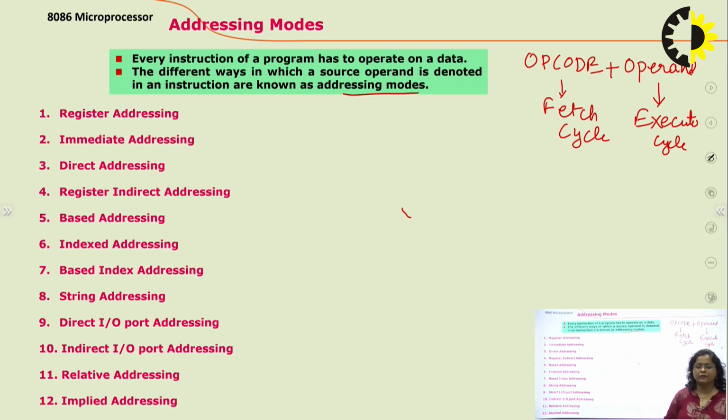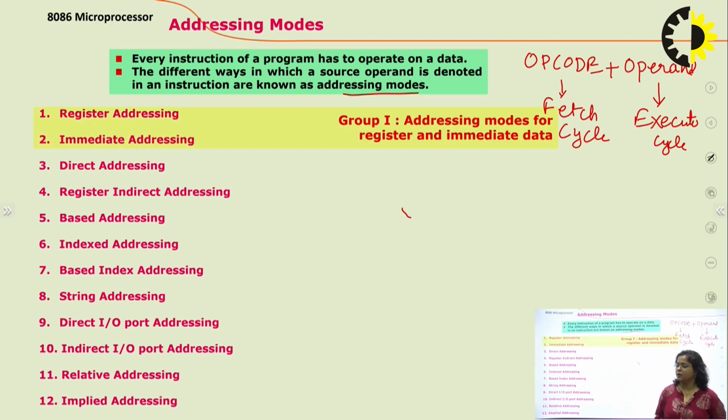In 8086, the overall addressing modes are divided into these categories. Register addressing mode and immediate addressing mode are classified into one group, which is used to address operands from a register or through immediate data.